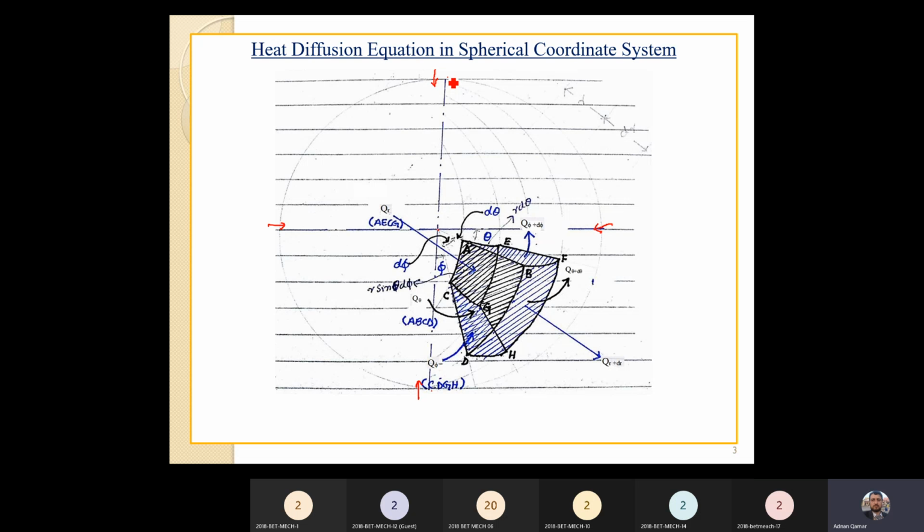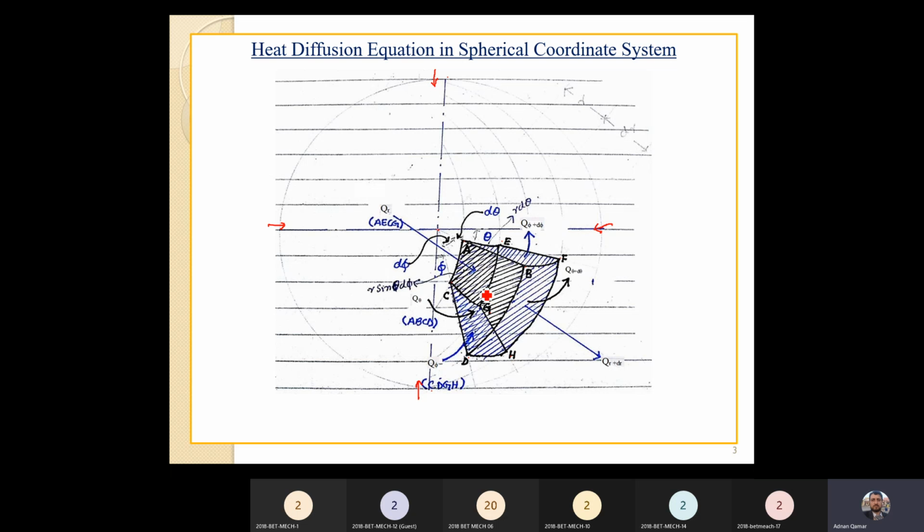So let me explain what the actual scenario is here. Okay, so you can see this small element has dimensions A, B, C, D, E, F, G and H. Okay.